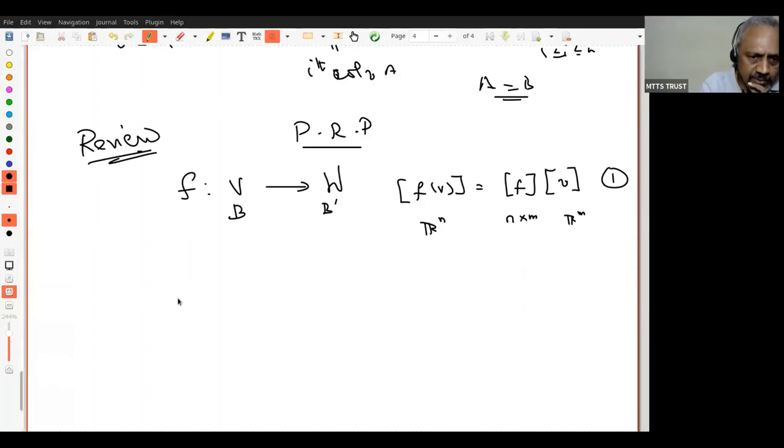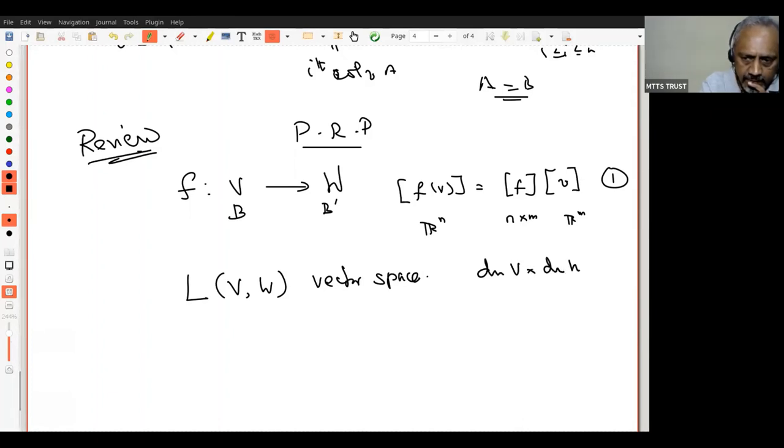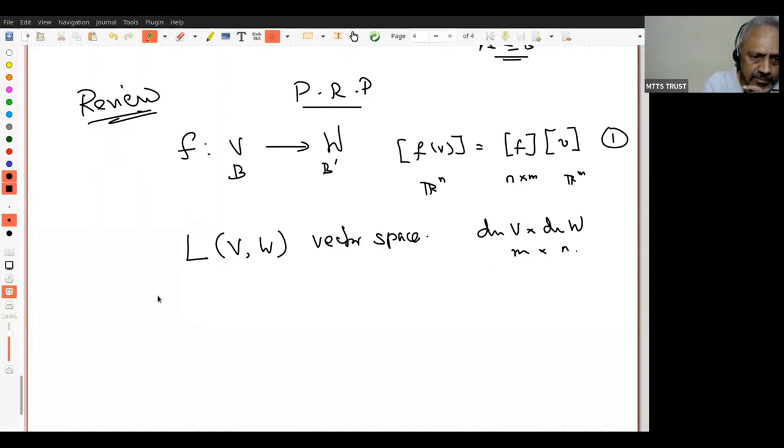Now let us look at what we have done. L of V, W, we know this is a vector space. Do you remember that? We actually computed the dimension. This dimension is m times n. Now I have a map phi from L of V, W to matrices m cross n over R. How is this given?